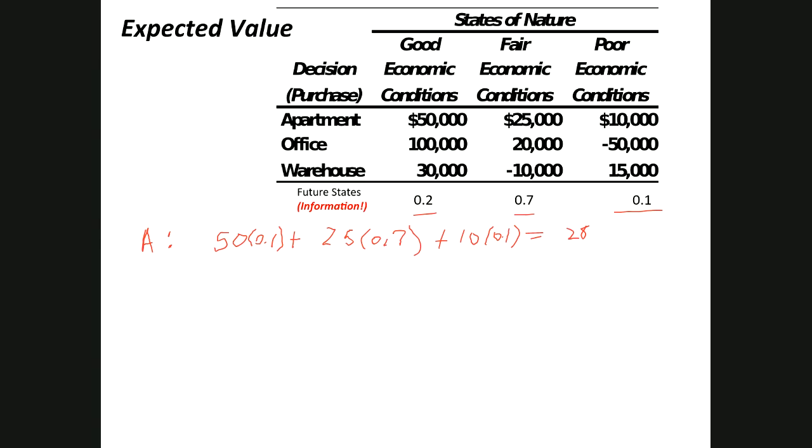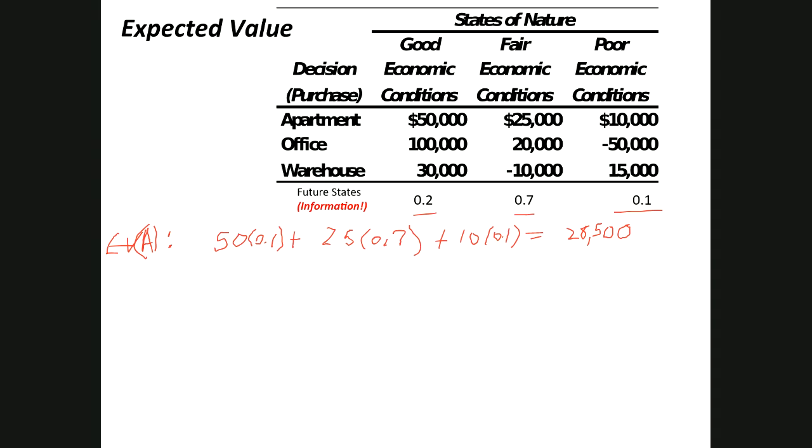This is called an expected value. We're calculating the expected value, EV, of outcome A, the apartment.